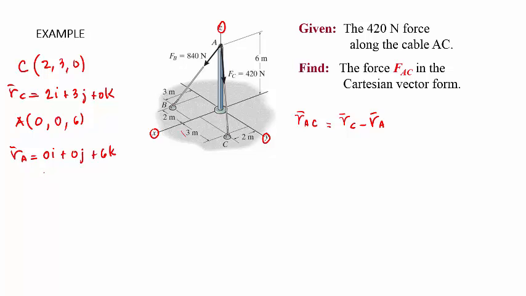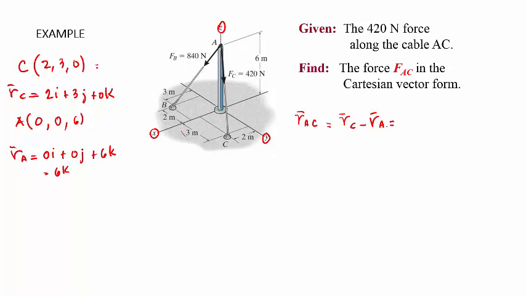Now remember, we can just say that this is 6k, and we can say that this is just 2i plus 3j. But we want to make sure that you understand what are the i, j, and k components.